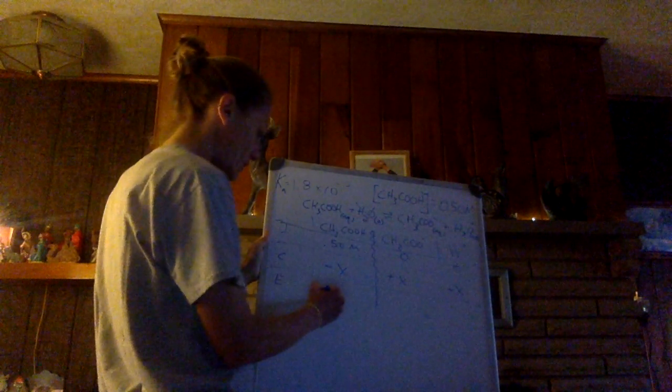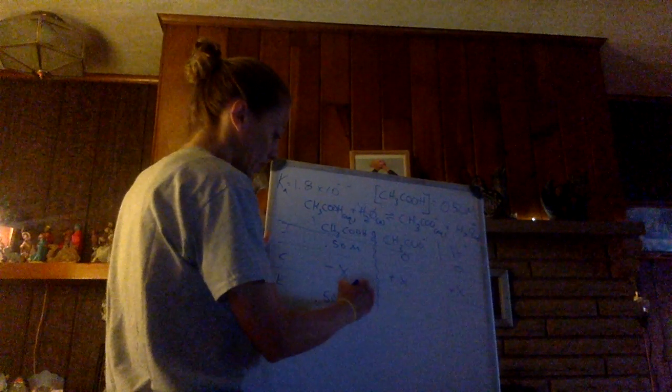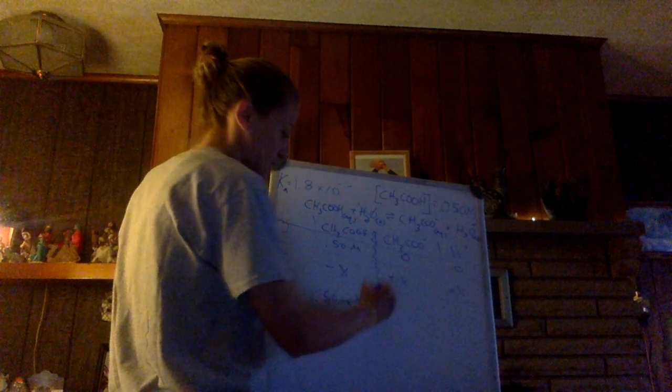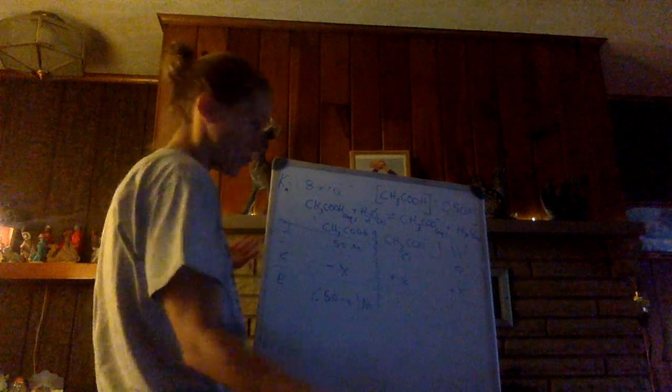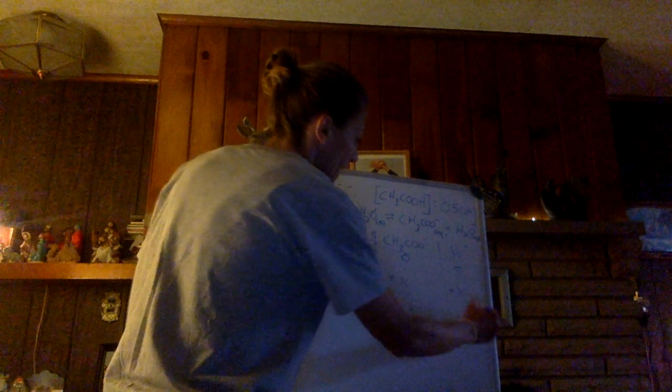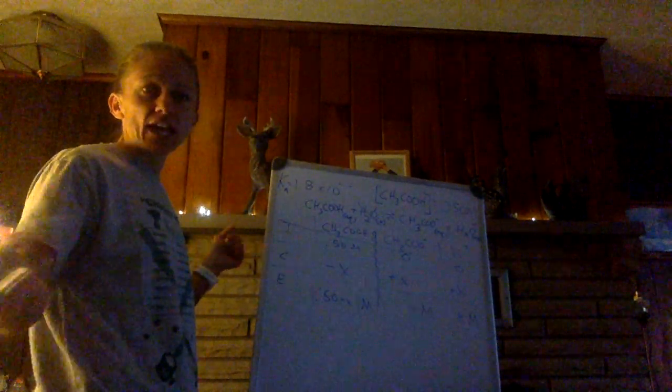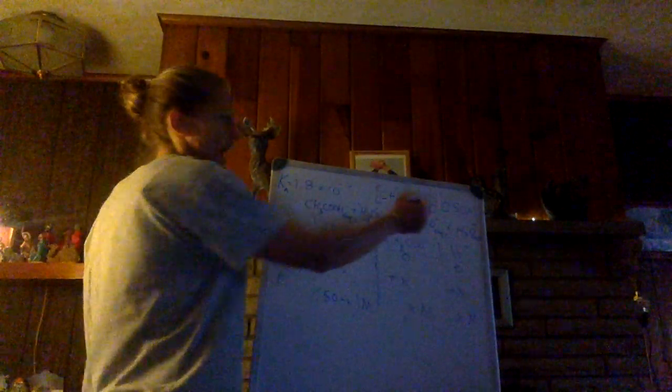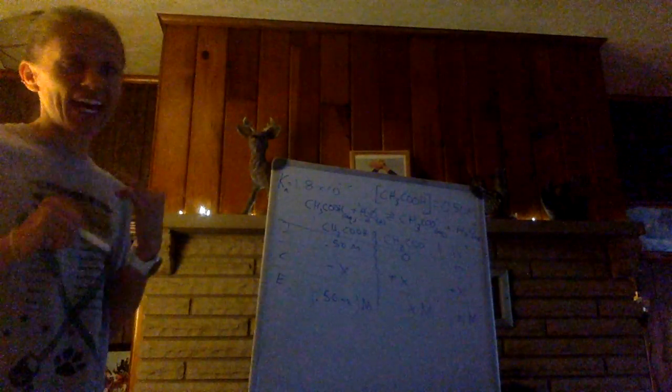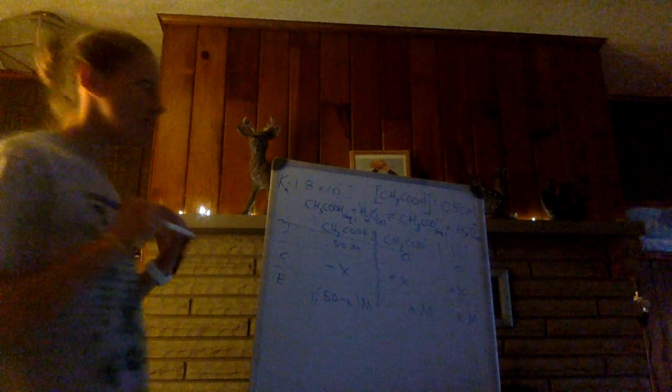Okay, cool. So at equilibrium, I've got 0.50 minus X for my concentration of the acid. It's broken down, and it's made X molar CH3COO minus and H plus. I know from the stoichiometry of the reaction, the 1-to-1, that I'm making X and X of those.